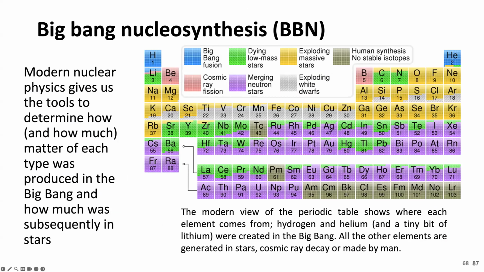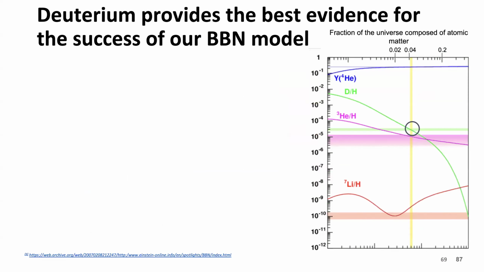Here's the Big Bang. We've already seen this chart. Now, this is further confirmation that the universe contains only about 5% of its energy in atoms. These are models of how the emergence of different atomic types, helium, isotope of helium, lithium, and something called deuterium, how they would appear as a function of how much of the universe is atomic matter versus some other kind of matter.